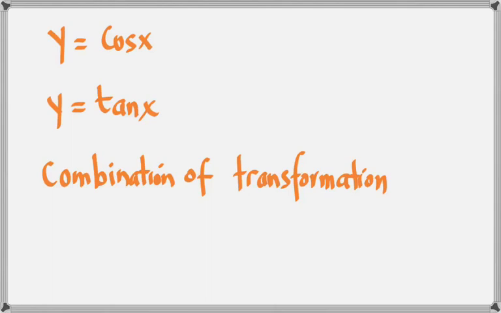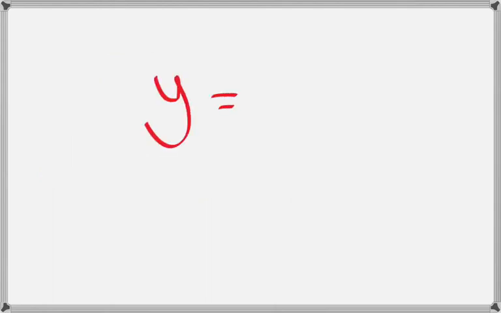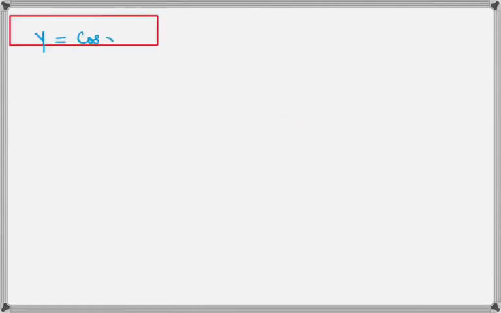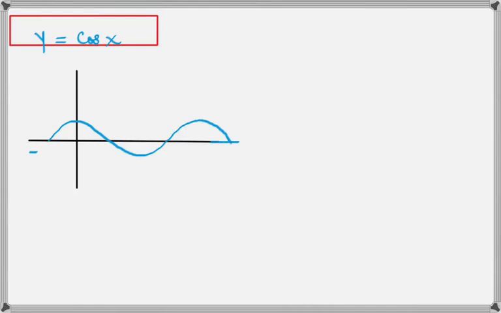Now let's start with the graph of y equals cos x. It is very, very similar to the graph of sin x, except this looks like sin x, but look at the graph. It's not starting from the origin. It's not starting from where the y-axis and the x-axis meet.